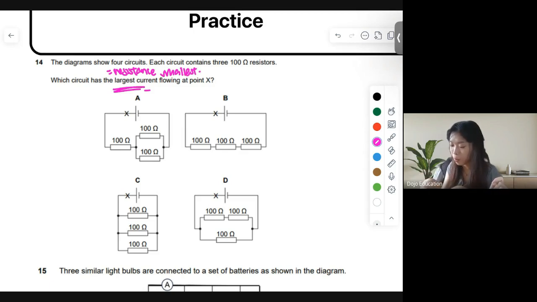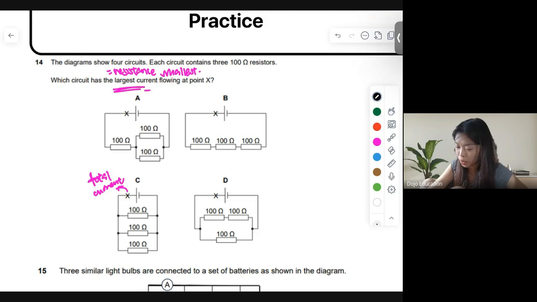And point X is the total current, if you realize, because it comes out of the battery itself, right? So they're asking which one the total current will be the largest, which means which one the resistance will be the smallest, because that's what you can calculate. Okay, so for A, how do I calculate my resistance?